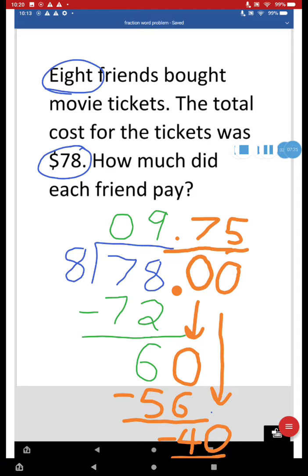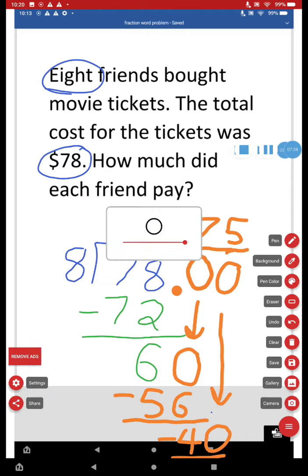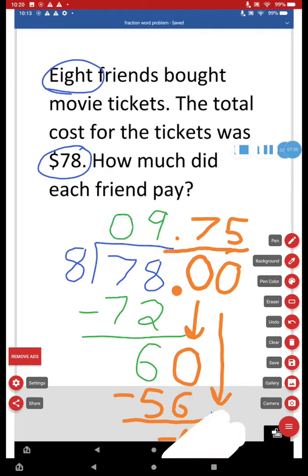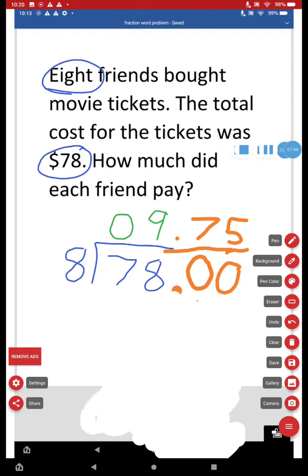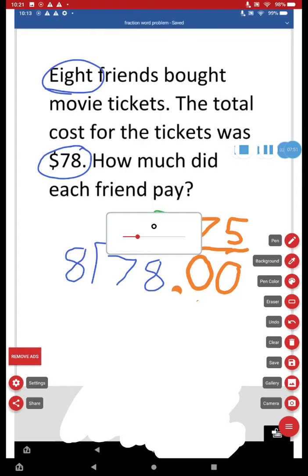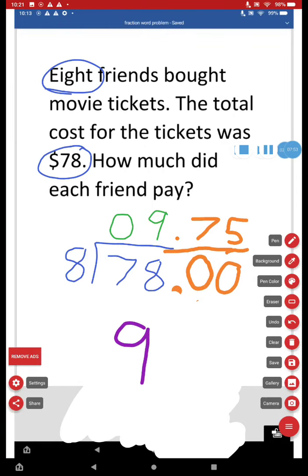Okay, now what did I get? I have 9.75. Well, how am I going to answer that? Let me get my eraser and erase this math down here so we have room to write our answer. Remember, when you're working on this in your worksheet, that's why I give you all that lined paper so you don't have to erase. Okay, well, what should my answer be? $9.75.